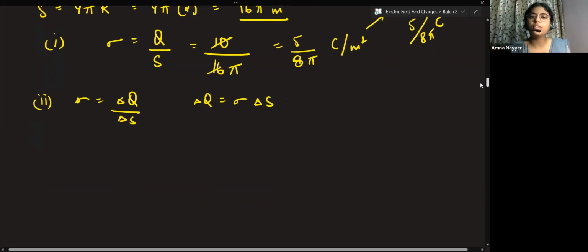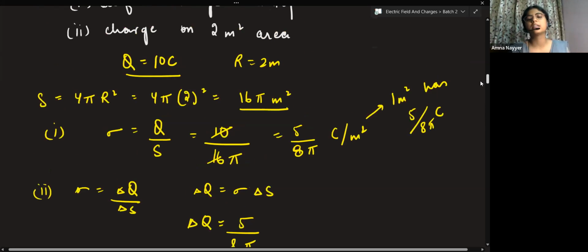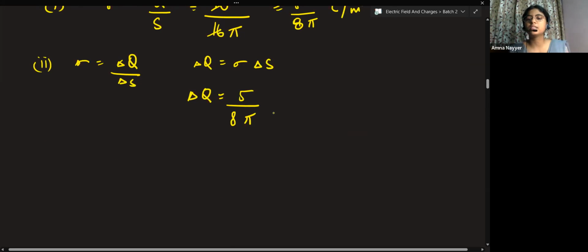Delta Q we have to calculate. Sigma we have already calculated, delta S is given. So this is 5 by 8 pi, and delta S is the surface area, 2 meter square. This will be 5 divided by 4 pi coulombs.